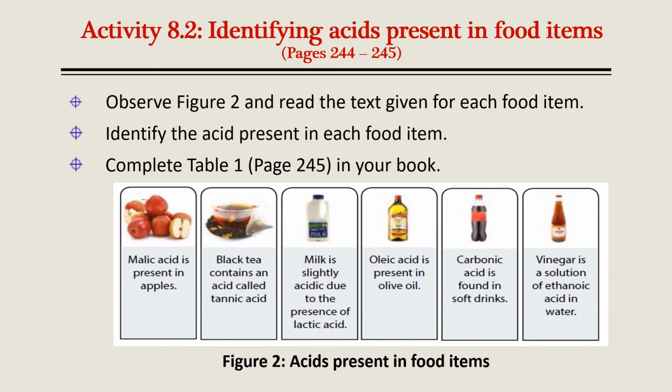Observe figure 2 and read the text given for each food item. Identify the acid present in each food item and complete Table 1 in your book on page 245.